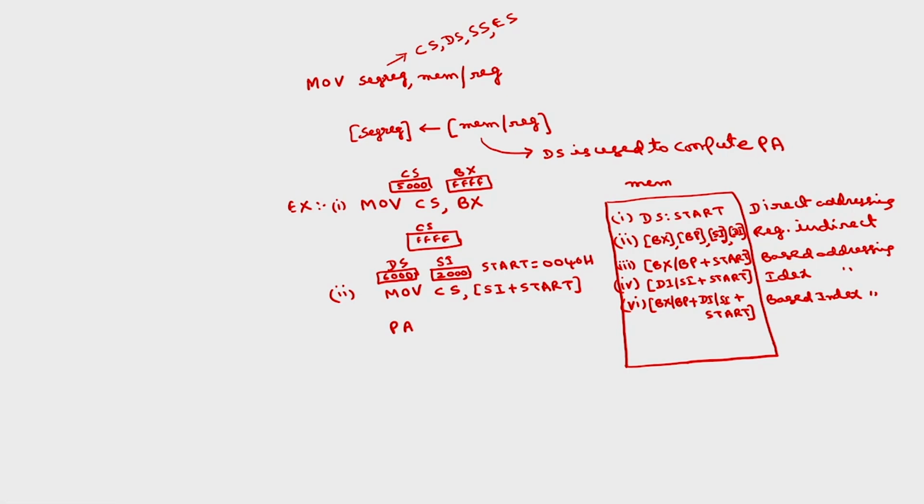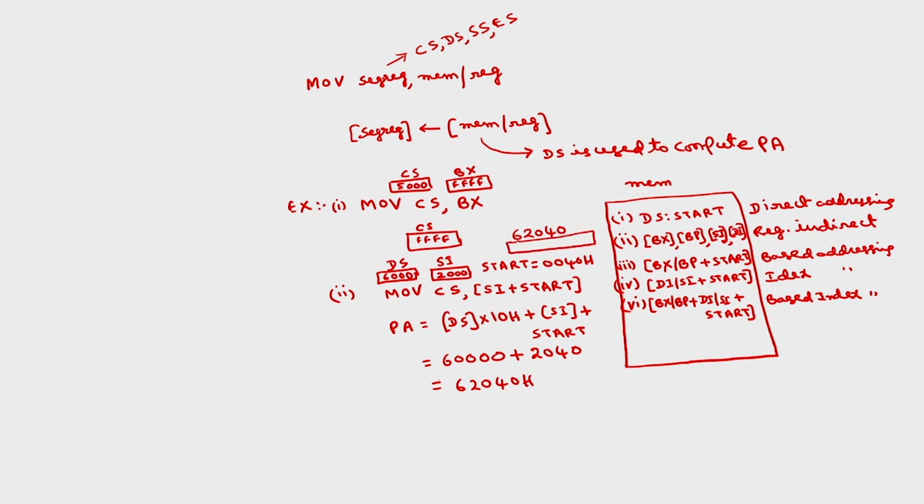Then the physical address will be, as we know, DS into 10H plus SI contents plus start. So this will be 60,000 plus 2040, which is 62,040H. Before the execution, say the contents of 62,040 is 3C.